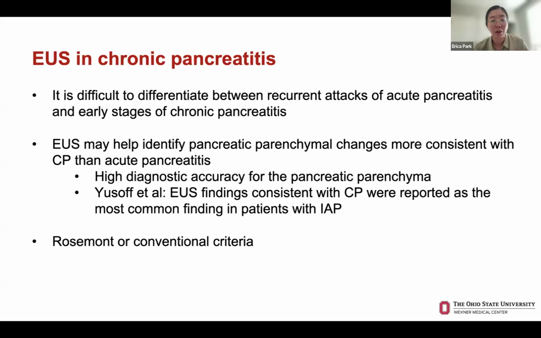And interestingly, there was a study done, it's a pretty old study, but in this study by USOF, EUS findings consistent with chronic pancreatitis were actually the most common finding in the patients with IAP, specifically those with recurrent attacks. So they do seem to kind of coincide with one another on the EUS in these cases.